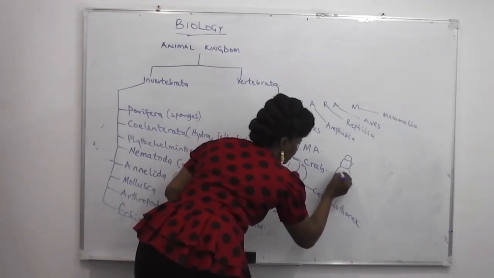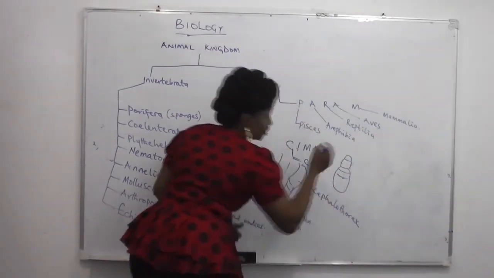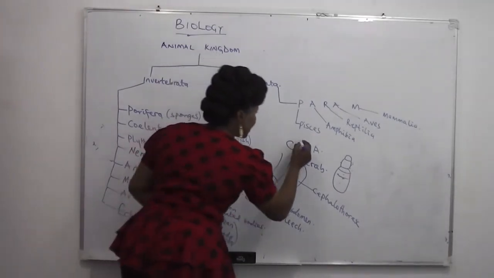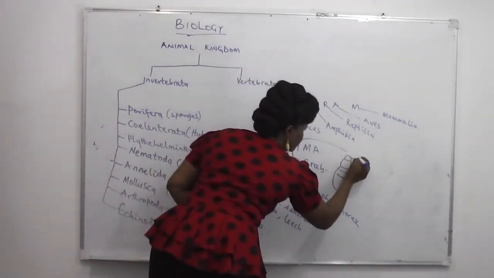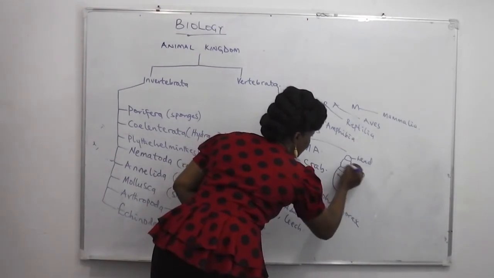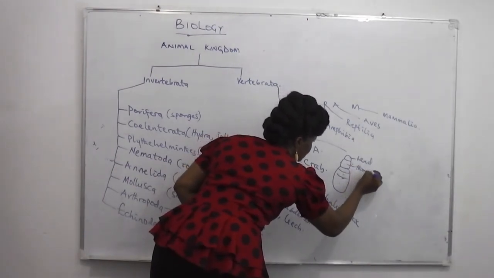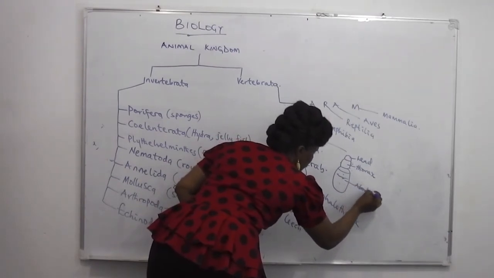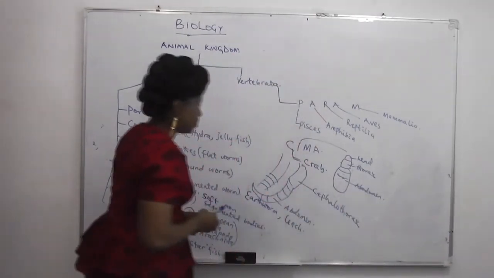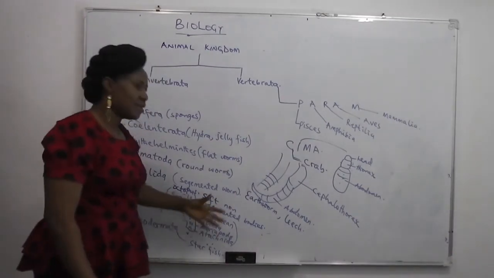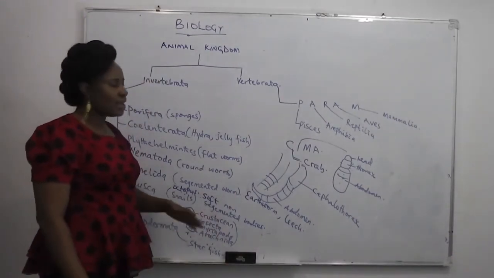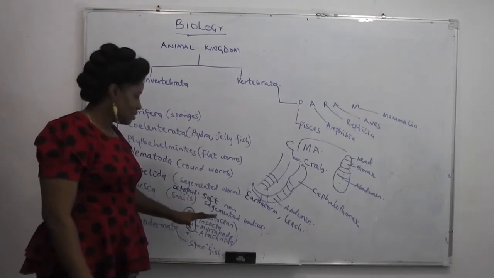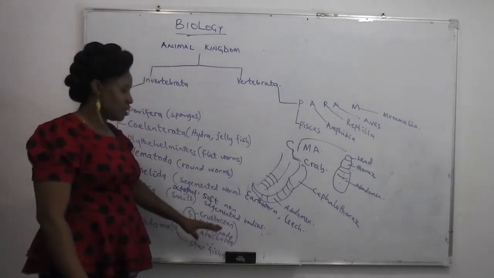Abdomen. So in insecta, the body is divided into a head, a thorax, and an abdomen. Examples of insecta include the mosquitoes, anything at all that can fly.